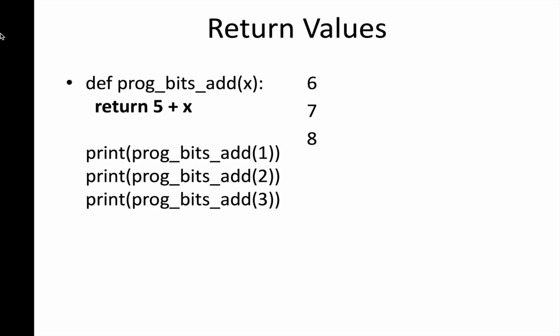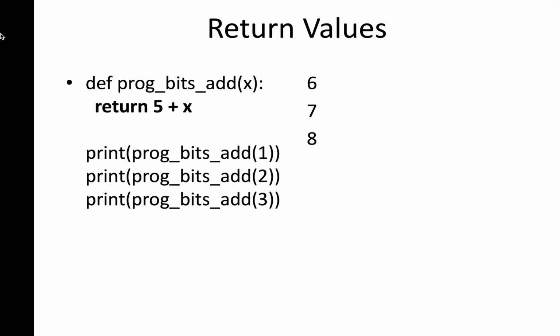Next is return values. You can use a keyword called return inside a function to return the output to the console or to the calling function in the program. So here you have a definition.